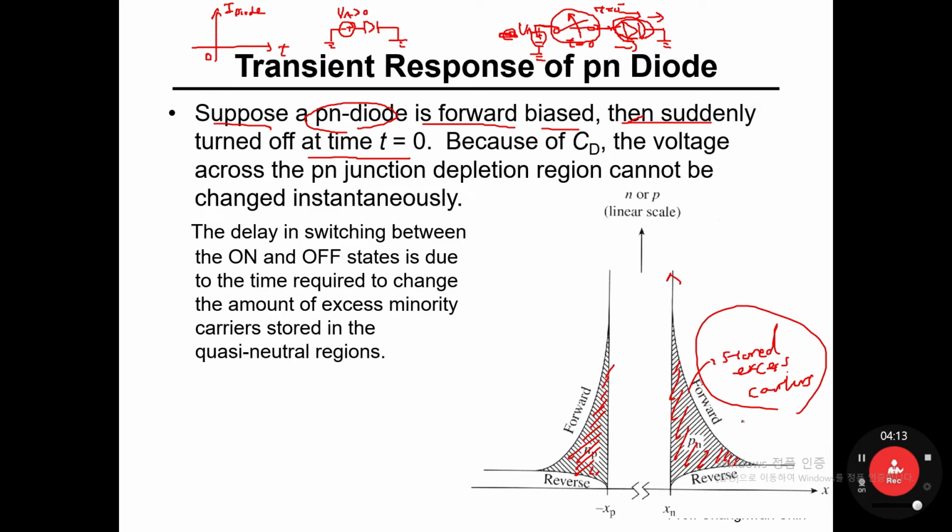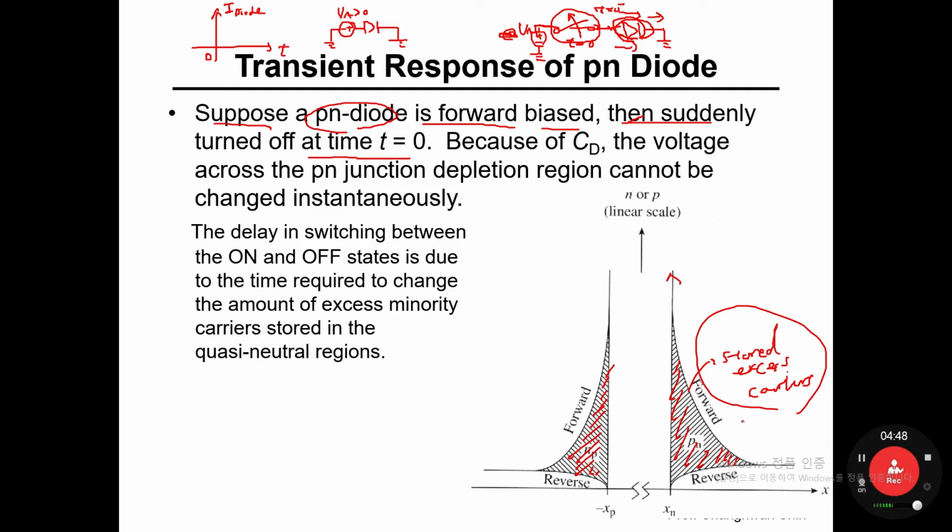Okay, so in some sense we can understand the physics in the process of transient response in PN diode. Under forward bias, a sufficient amount of excess carriers has been well kept in the quasi-neutral regions on both sides, P side and N side quasi-neutral regions. And suppose that at time t of 0, the switch has been opened, so that no voltage has been applied across the PN junction diode.